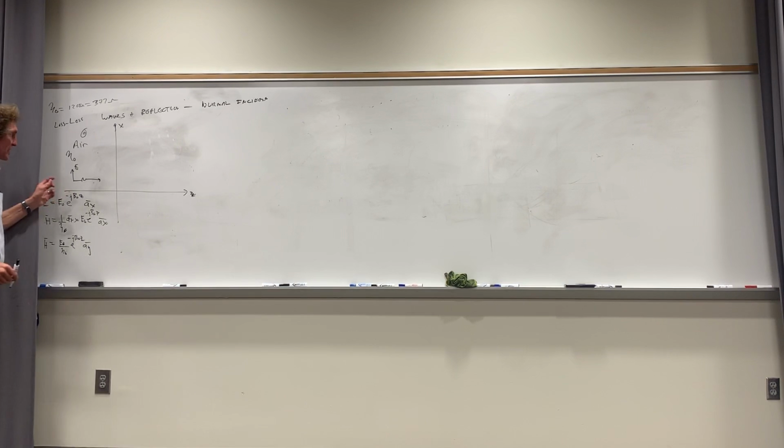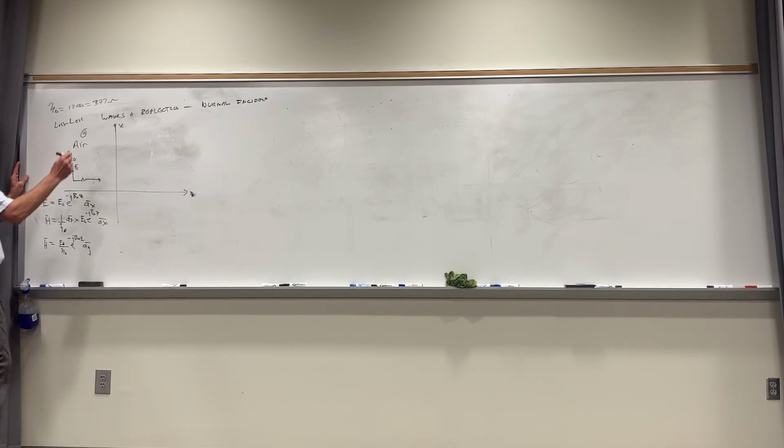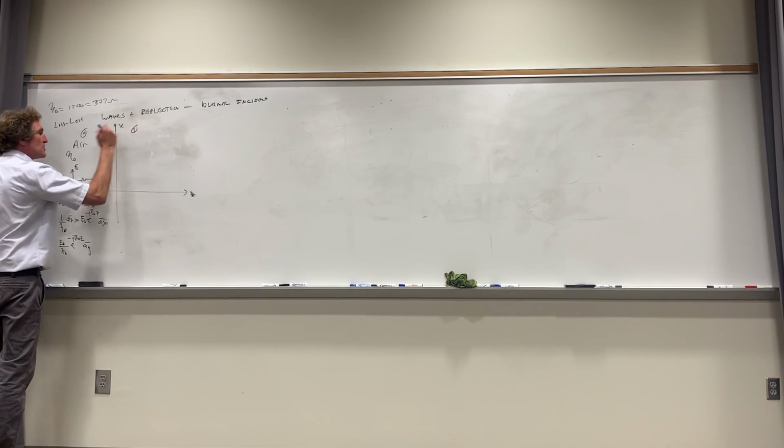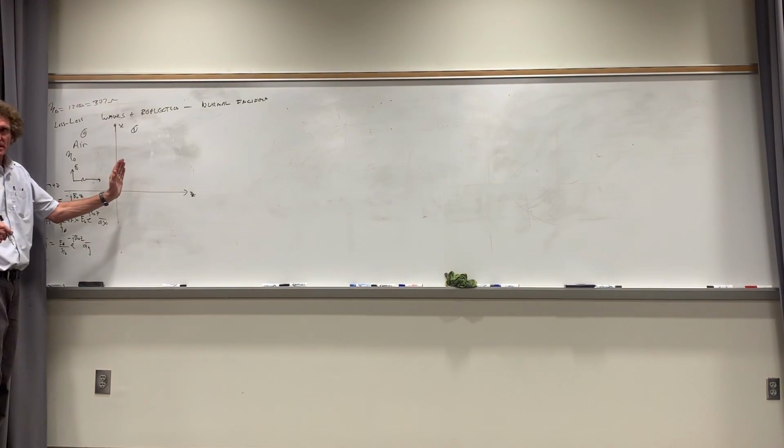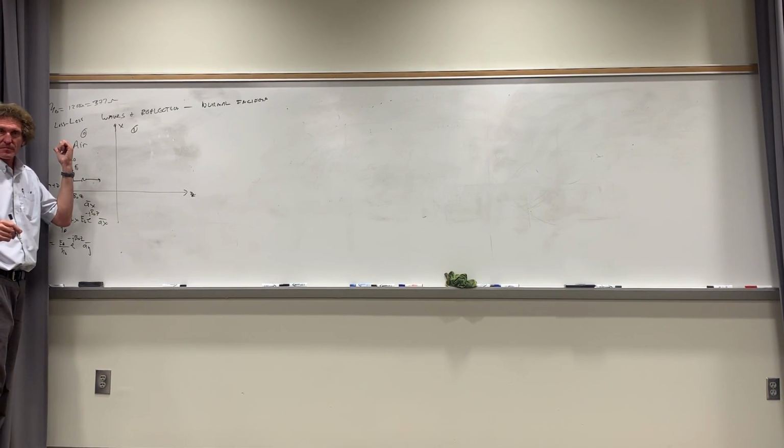Now, there's something else that happens though. That's region 0. I'll call this region 1 here, right? We're going to have another electric field that happens. That's the one going that way, this is an electric field in the plus z direction, right? But when the wave hits this, we're going to get a reflected field, aren't we?